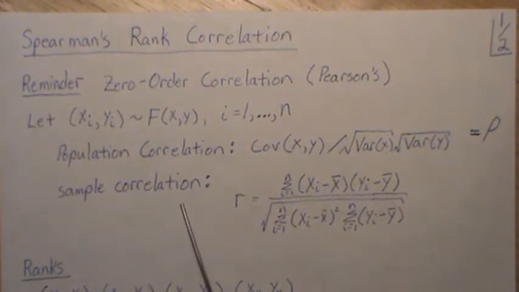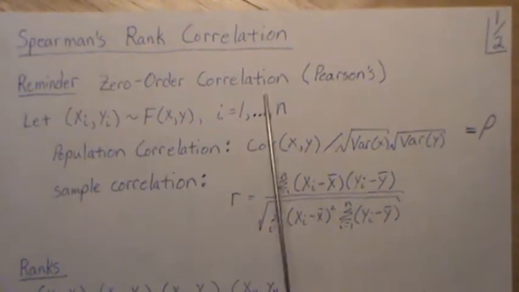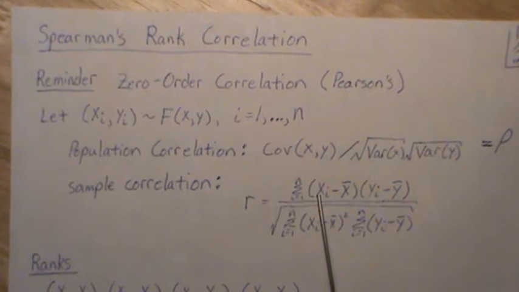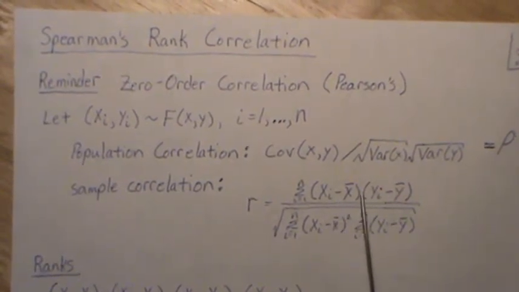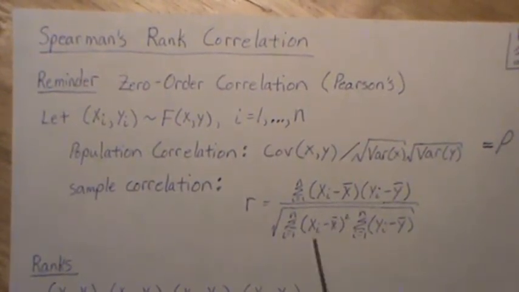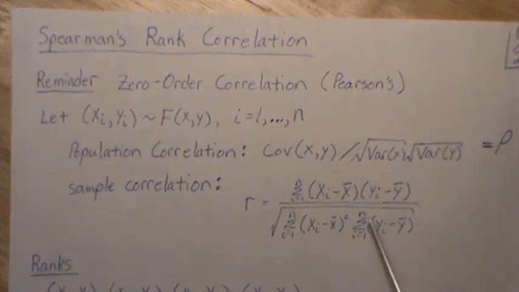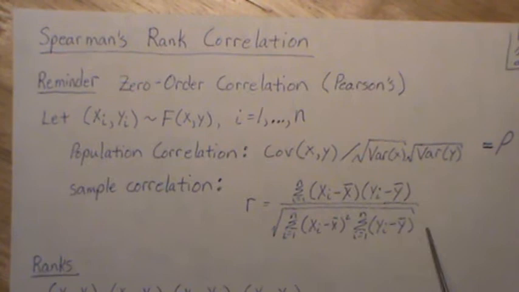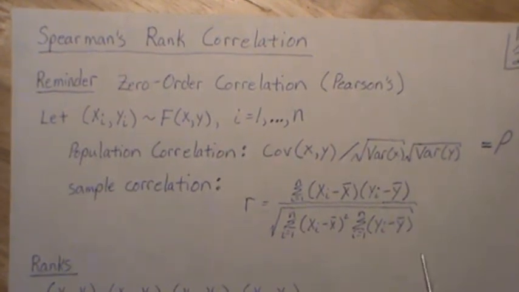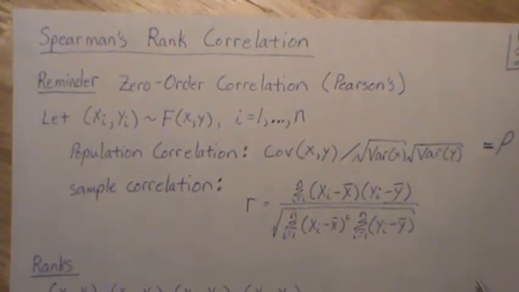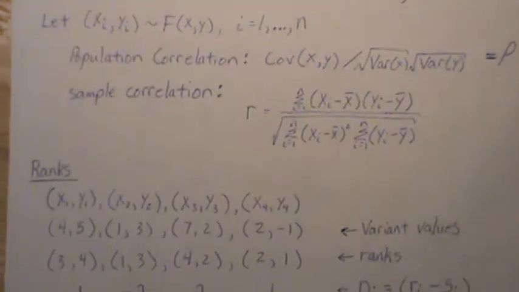Now, the sample correlation, and specifically the Pearson's correlation, is the sample covariance divided by the product of the sample standard deviations. Typically you divide that by n minus 1 on both, but those cancel and we're just left with this formula.